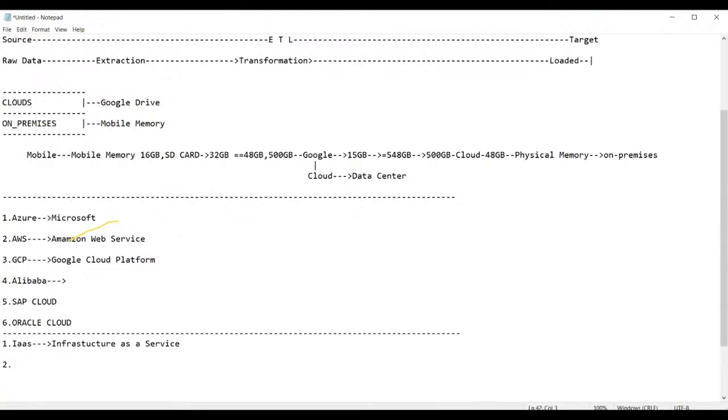Then you have PaaS, which stands for Platform as a Service. The third one is SaaS, which stands for Software as a Service.